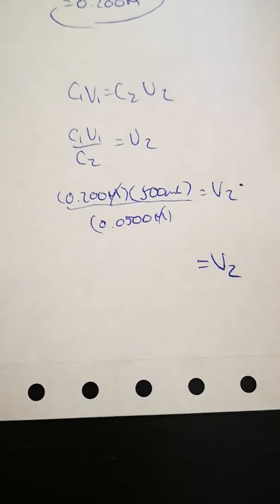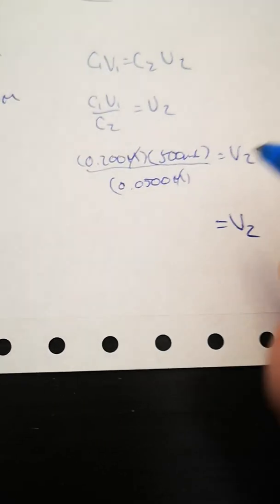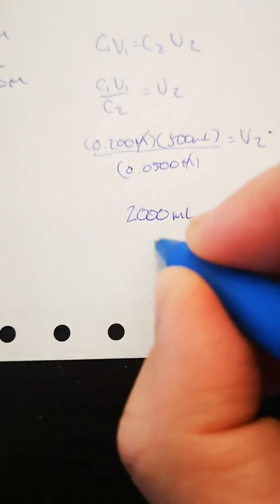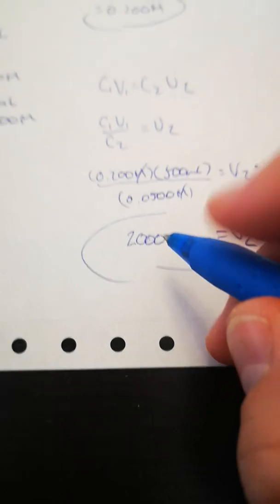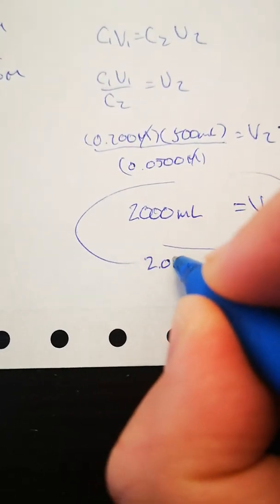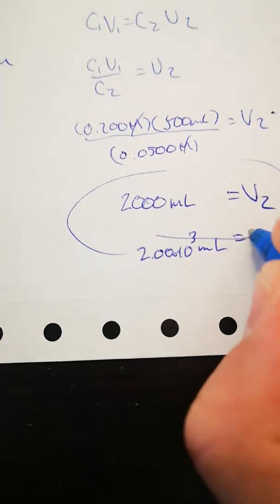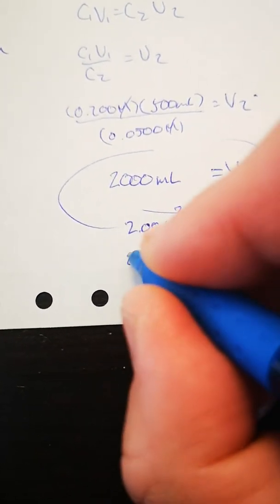Our V2 is equal to 2,000 milliliters. And we have 3 sig figs, so you could write that as 2.00 times 10 to the 3 milliliters, or you could write that as 2.00 liters.